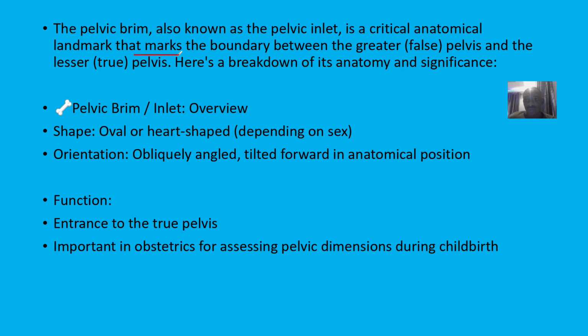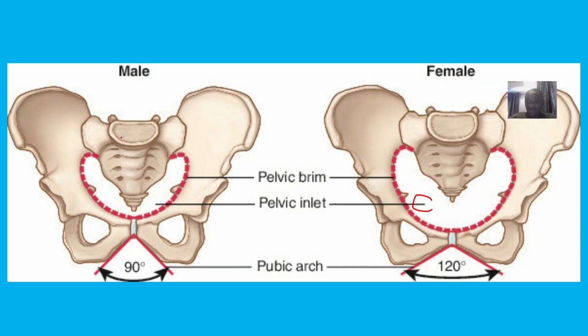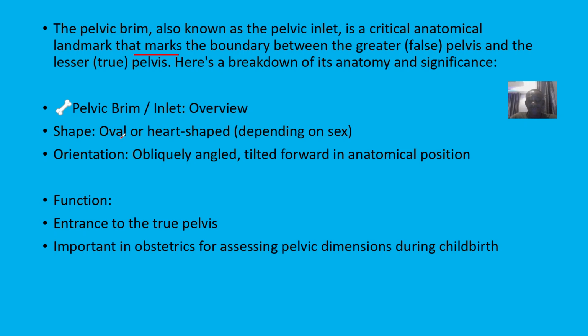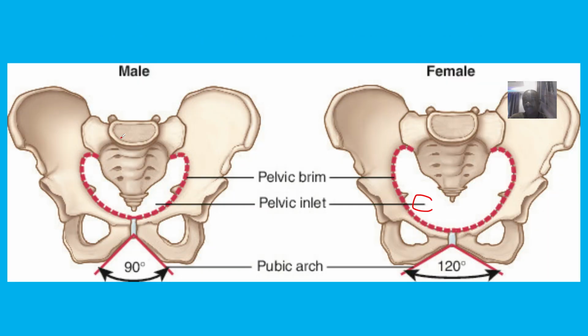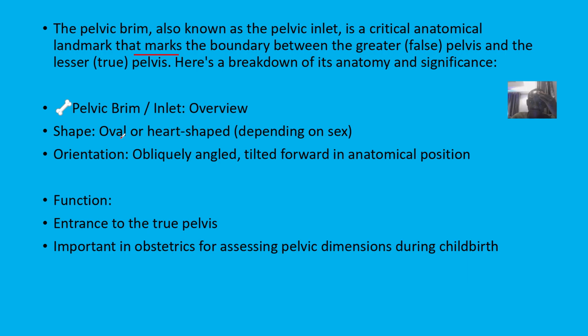It marks the boundary between the greater, that's the false pelvis, and the lesser, that's the true pelvis. The shape of it is oval, like heart shaped. Orientation is obliquely angled, tilted forward in the anatomical position. Function is the entrance to the true pelvis.